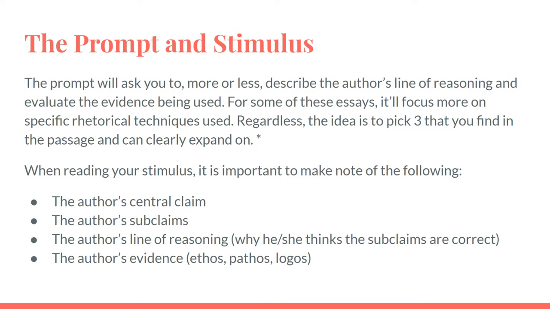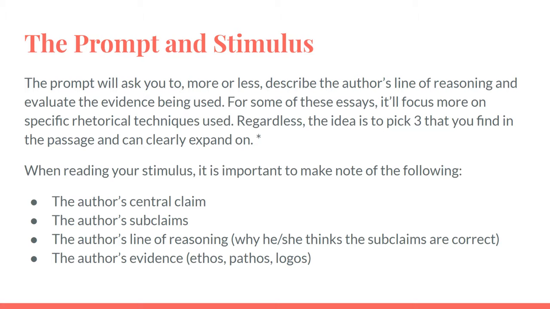and the stimulus. So the prompt is the question that you're trying to answer, and the stimulus is the reading passage that it gives you to base your response off of. Now, because this is a rhetorical analysis essay, the prompt is always going to be asking you how the author of the passage is achieving their main point.